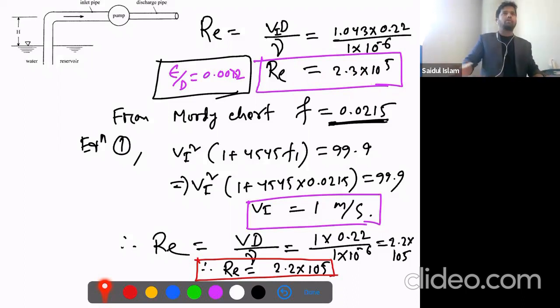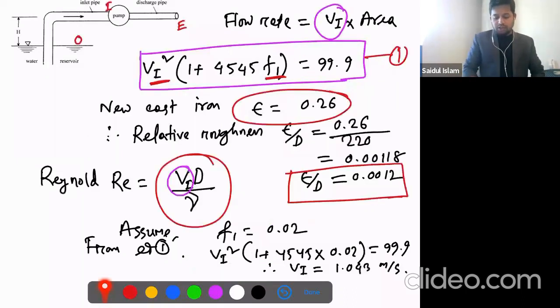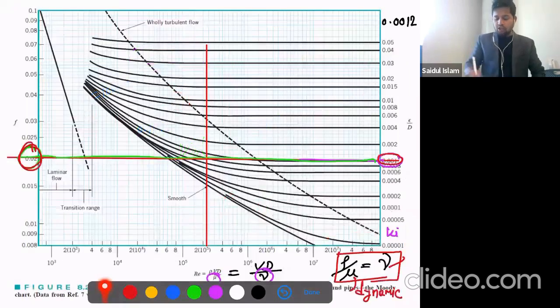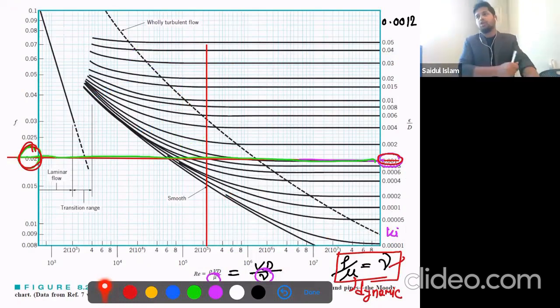But if we look at these values, we got two different values, but on the Moody chart, you look here, this is in log scale. You know what log scale is? Yes. Log scale means the subsections on the x-axis are not equal. Just try to understand.